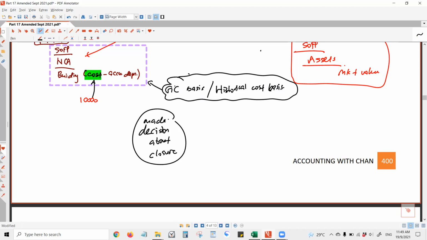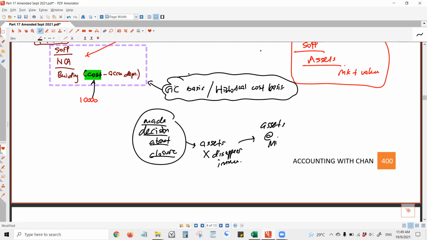Do your non-current assets disappear straight away? Do your assets disappear immediately? No, right? When you have made the decision about closing a business, our assets still exist. They do not disappear immediately. That's why upon the decision made about closure, you can measure all the assets at market value.